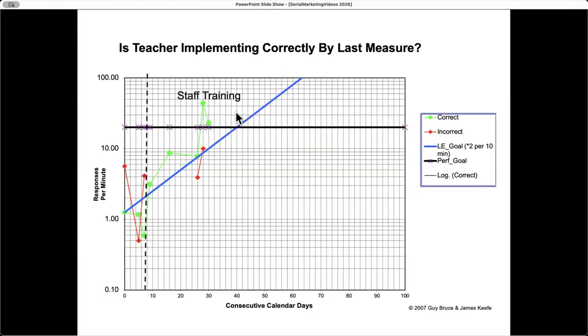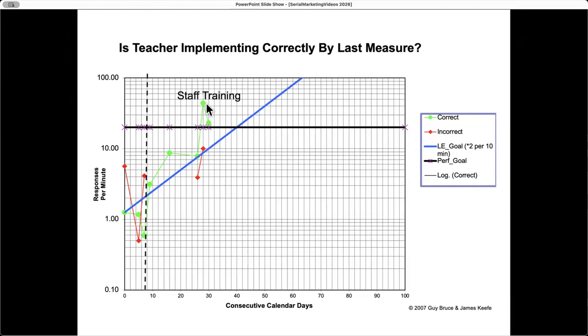If you take a look at this chart of the teacher's performance across consecutive calendar days, you can see that, as I showed you before, in baseline, before any additional staff training, the teacher demonstrated a know-how problem because her number of incorrectly implemented steps in the teaching procedure were much higher than the correctly implemented steps per minute, and way below the goal of 20 correctly implemented steps per minute for this procedure.